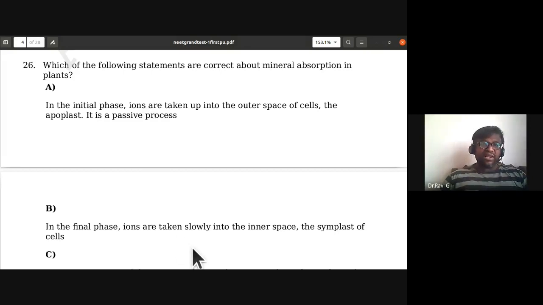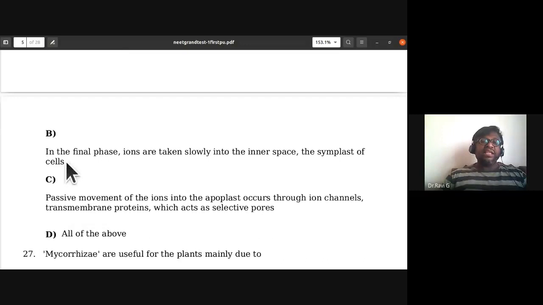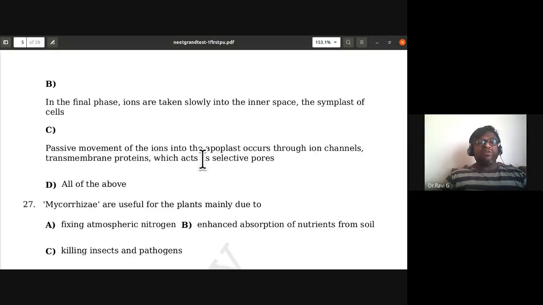One statement is correct. Okay, so the absorption of mineral is by an active process, isn't it? So in the final phase, ions are taken up slowly into the inner space, the symplast of cells. So that is also wrong. C: passive movement of the ions into the apoplast occurs through ion channels, transmembrane proteins, which act as selective pores.